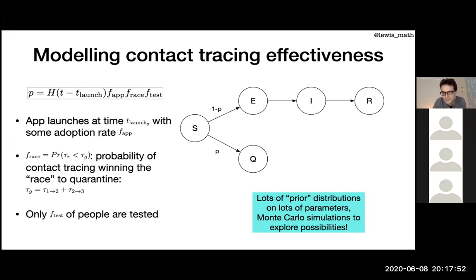We essentially just take a lot of Monte Carlo simulation. We sample from a distribution of lots and lots of parameters, then run the model and see what sort of worlds we get out, exploring the different possibilities for the effectiveness of contact tracing.